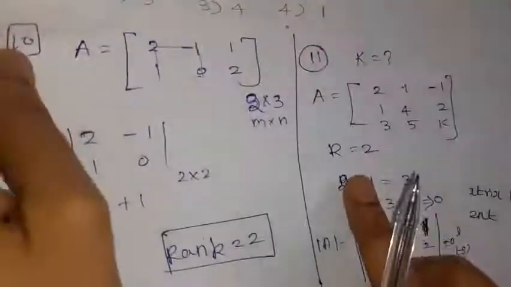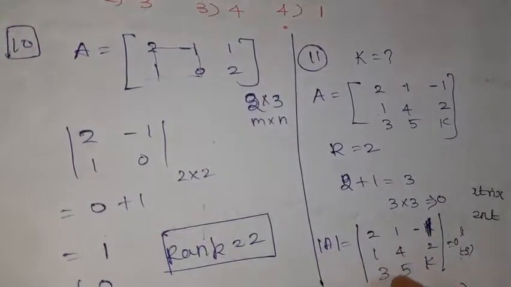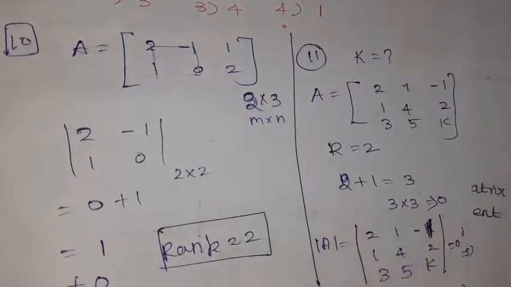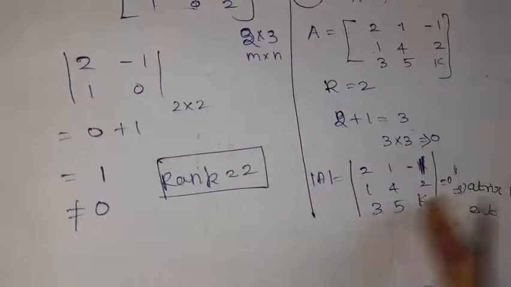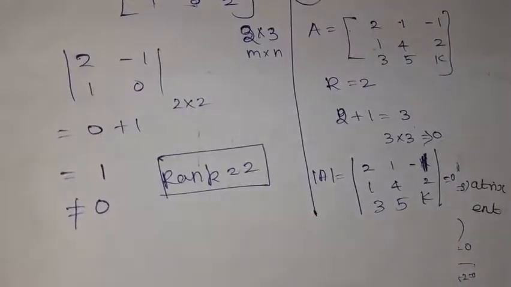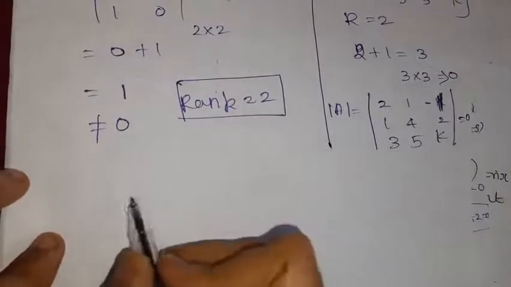So rank is 2 means what? R plus 1 vanishes, so 2 plus 1 is 3. The determinant of that 3 cross 3 matrix equals 0. From the question itself we can get this. Then expand this.